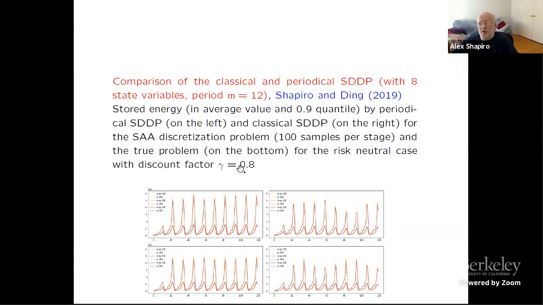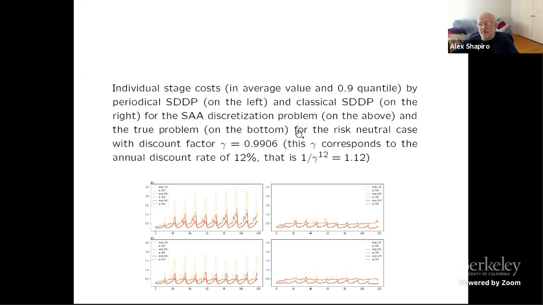Imagine it's a period of 12. If you take the discount factor to the power 12, it's almost 0. But they really use this discount factor, because it gives 12% on a yearly basis. So you see, it's very, very close to 1.